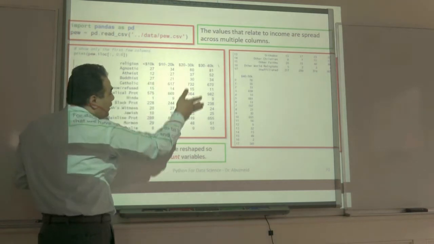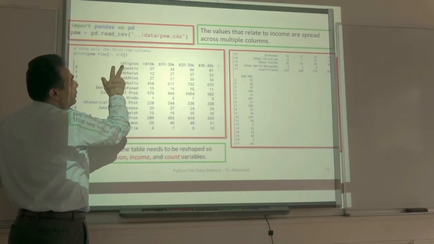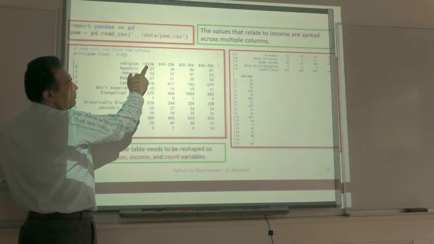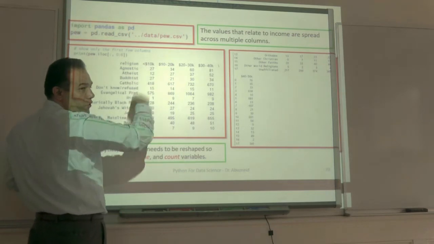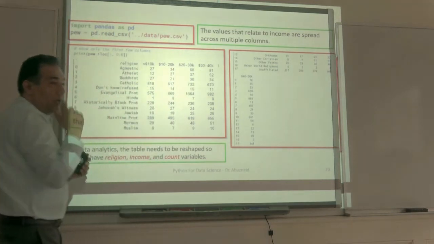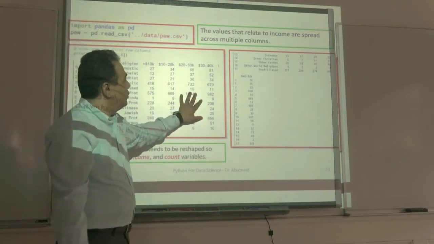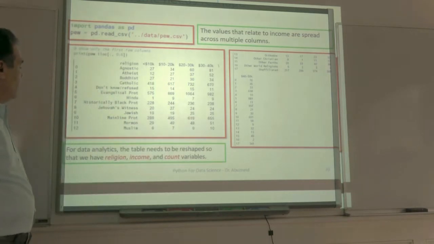Because we could flip it like this: we have agnostic, and all these values go for the agnostic. So the values that relate to income are spread across multiple columns. That's wrong. We should not have that.